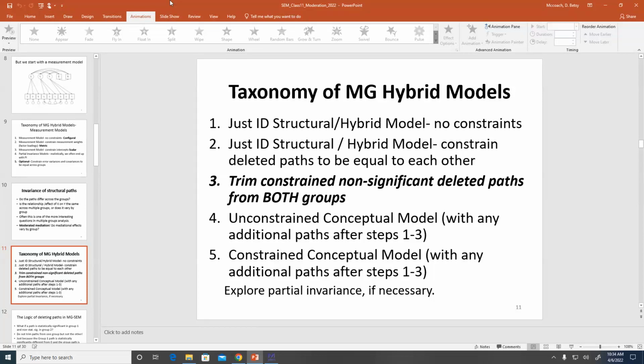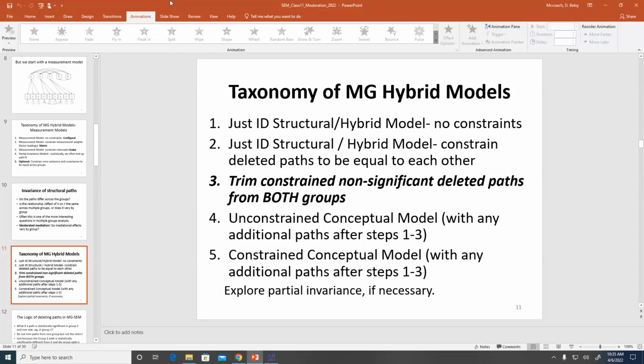Okay, great. Step 2: I'm going to take that just identified structural or hybrid model and constrain the deleted paths, those conceptually omitted paths, to be equal to each other. Just like the same logic that we used in the single group case, I'm not looking at all of the paths yet, only the paths that I want to be able to get rid of.